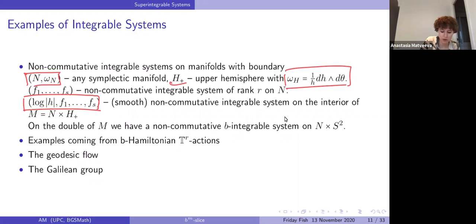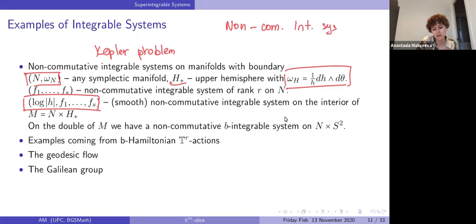For example, one of the examples of symplectic non-commutative integrable systems would be the Kepler problem. I don't think that I have much time to talk about examples here more, but I'll just mention that there are some examples coming from b-Hamiltonian torus actions, from geodesic flow, from the Galilean group, and to see details on this, you can look at the paper called Non-Commutative Integrable Systems by Eva Miranda and Anna Kiesenhofer.